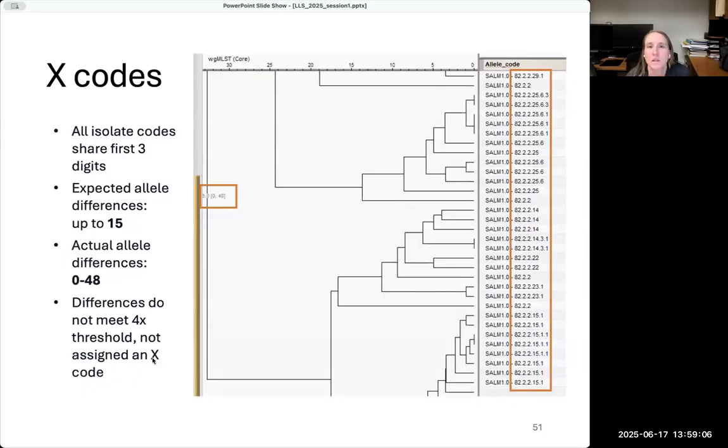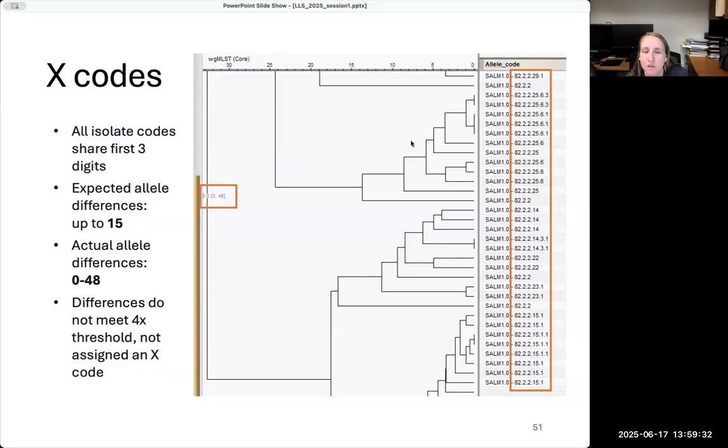So here is an example. All of the isolates share the first 3 digits. If we look over here on the right side, they're all 82.2.2. But then some don't have a digit or they have different digits after that. So based on that, we would expect allele differences up to 15.